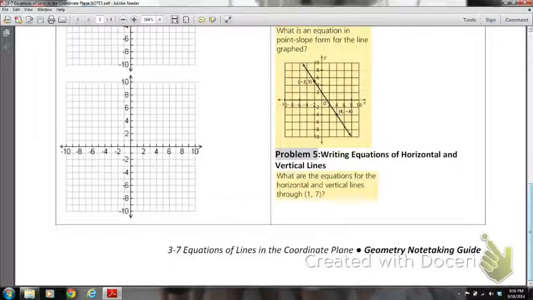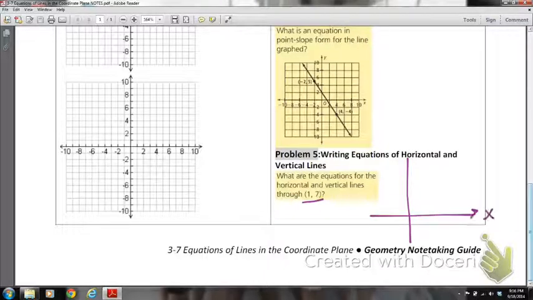In the last problem, we're writing equations of horizontal and vertical lines, and it wants you to write the equations for the horizontal and vertical lines through the point (1, 7). So let's sketch the graph of these lines.